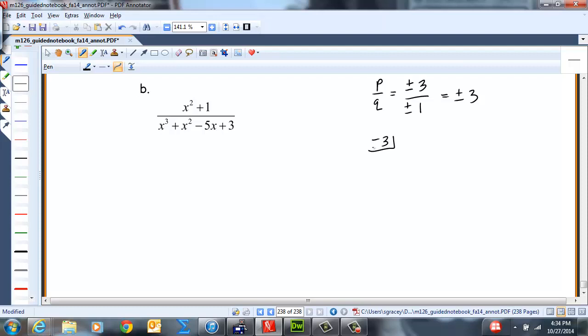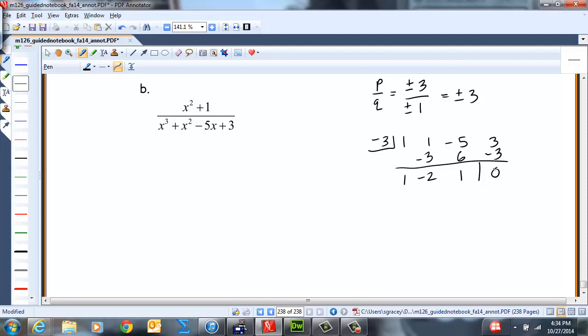So we'll divide, and I'm just going to use synthetic division. So we have 1, 1, negative 5, and 3. So the 1 comes down, so we'll end up with negative 3. 1 plus negative 3 is negative 2. This will give us 6, which gives us a 1. Negative 3, hey, it worked.